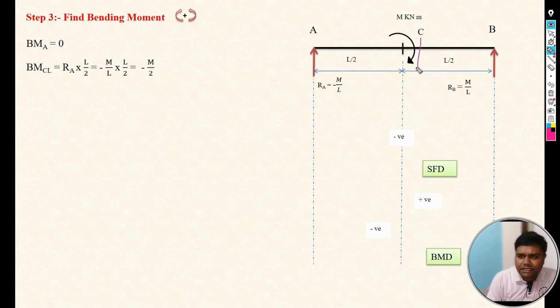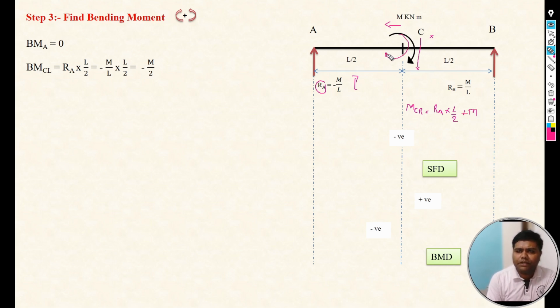We are taking the section at this point and focusing on the left part, so we need to take both in the calculation. The moment C right is equal to, the moment of RA is clockwise, so RA into perpendicular distance L by 2 is positive, and this moment is again positive because of clockwise direction.